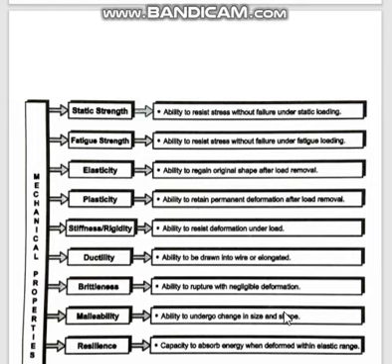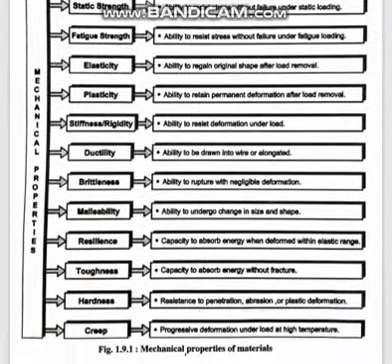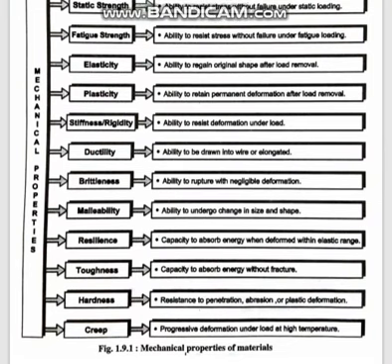Malleability is the ability to undergo change in size and shape. It is the property of the material by which it can be rolled or hammered into thin sheets. So with ductility, you can make it into wire. With malleability, you can make it into sheet.